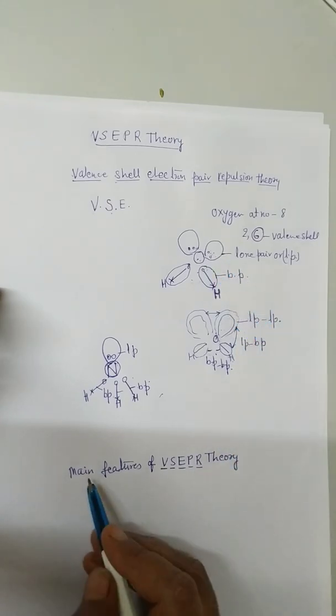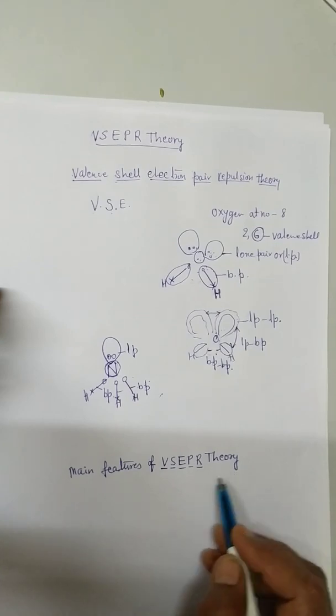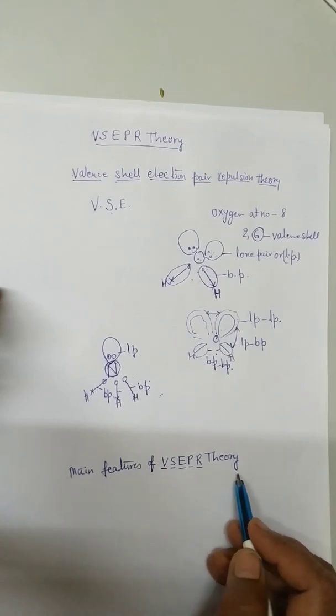So what are the main features of valence shell electron pair repulsion theory?